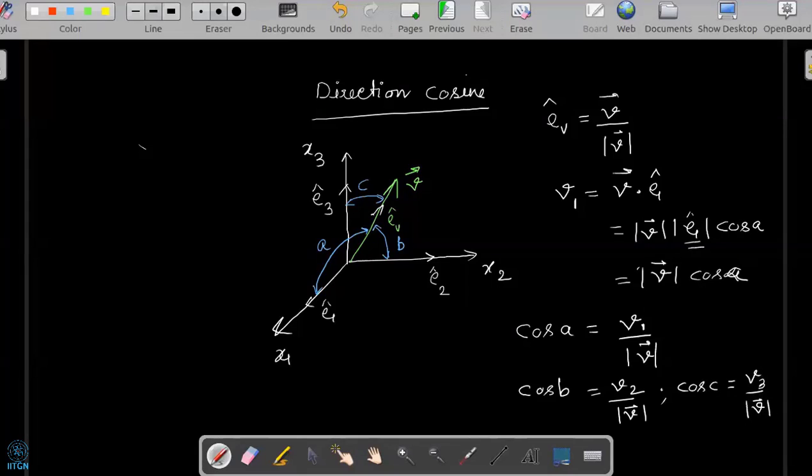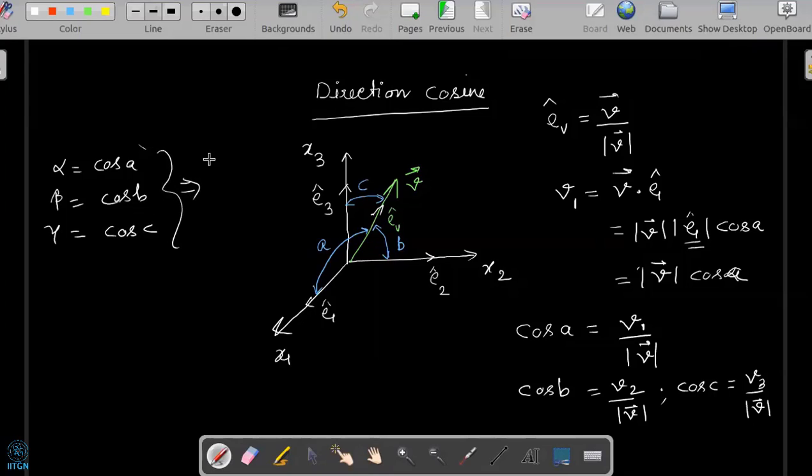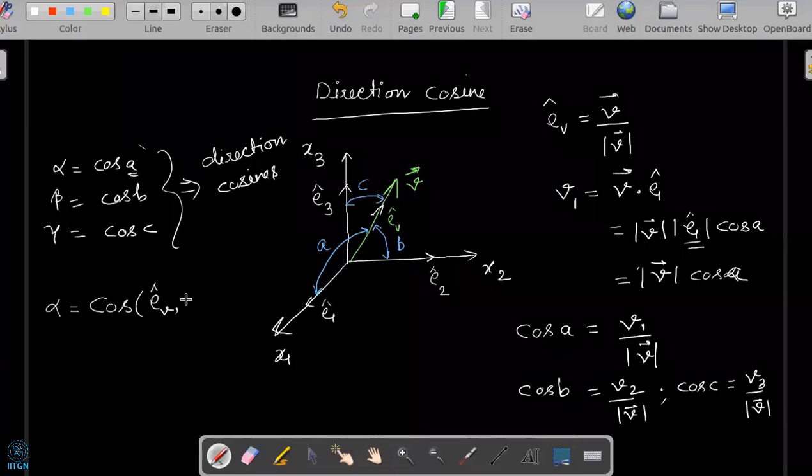So cos a, cos b, and cos c, for alpha, beta, and gamma, are termed as direction cosines. I can also write this a as the angle between ev and e1.